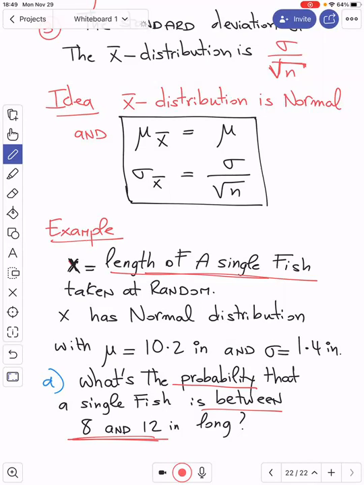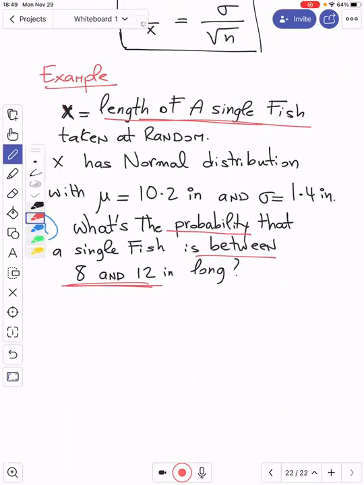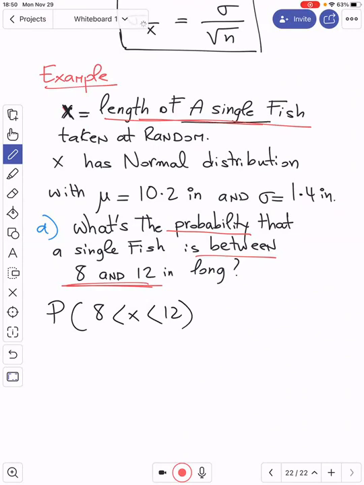So what we want to do here is find the probability that X is between 8 and 12, right? Because X again is the length of a single fish, and we want to find the probability that the length of the single fish is between 8 and 12.